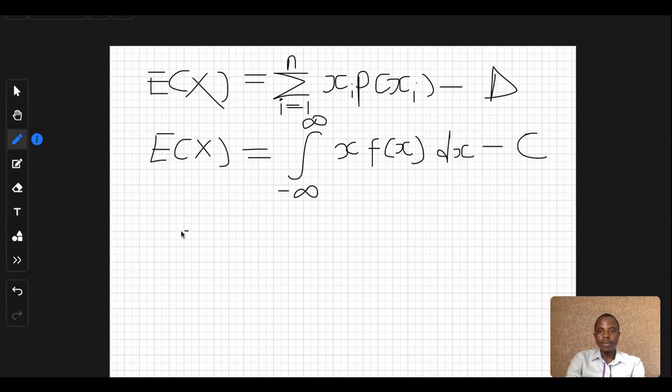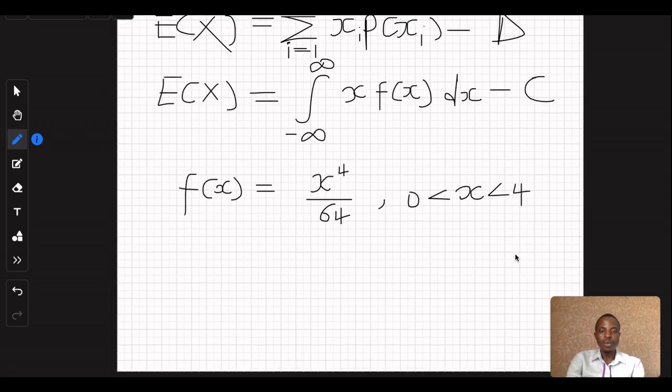Now, supposing that we have a continuous distribution f of x, where f of x equals x raised to the power of 3 divided by 64, for 0 less than x less than 4.